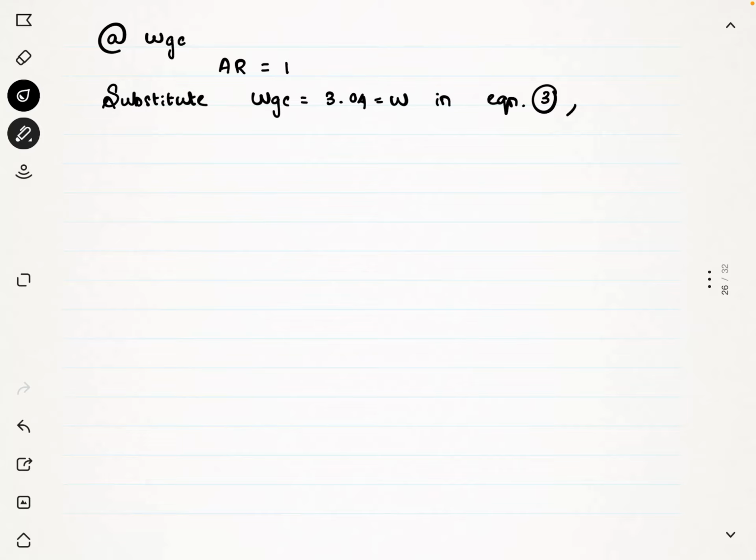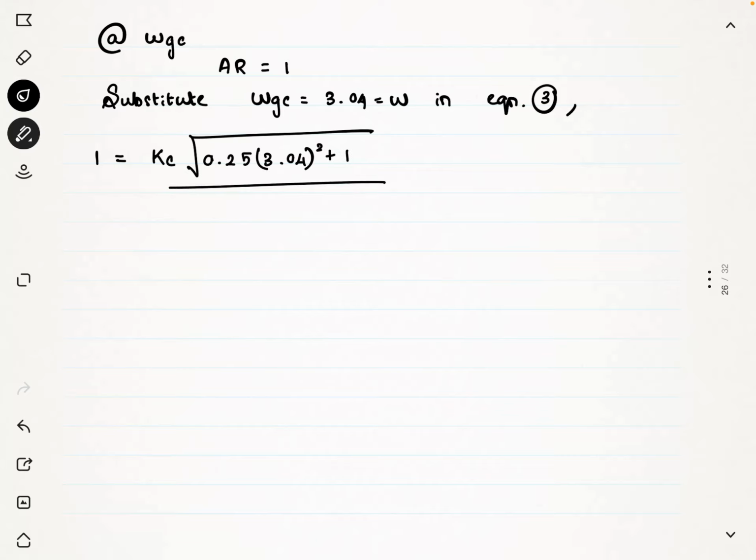and solve. So the amplitude ratio will be Kc into 3.04 square plus 1 divided by 0.5, 3.04 into 2 by root of 3.04 the whole square plus 1.